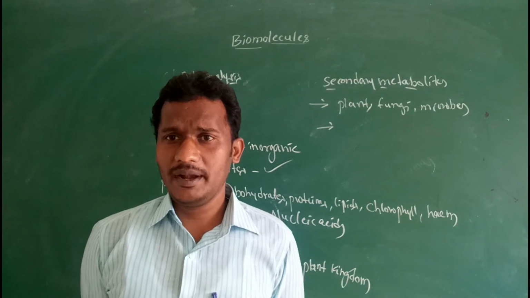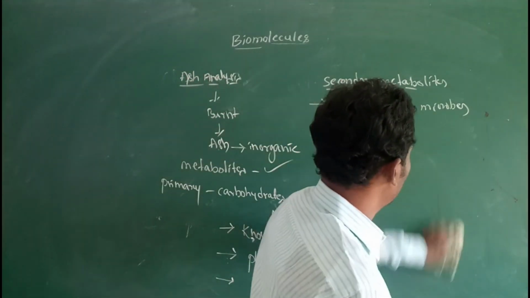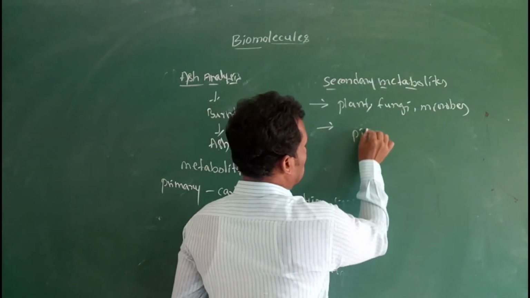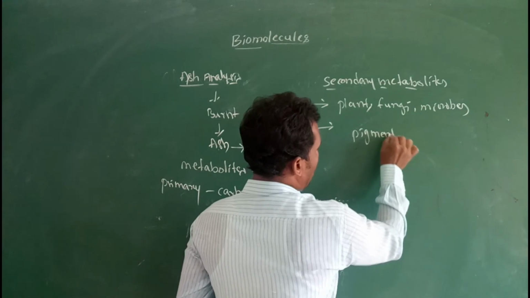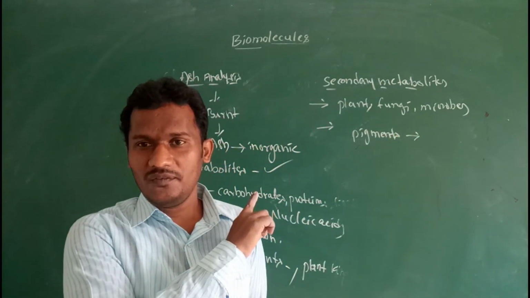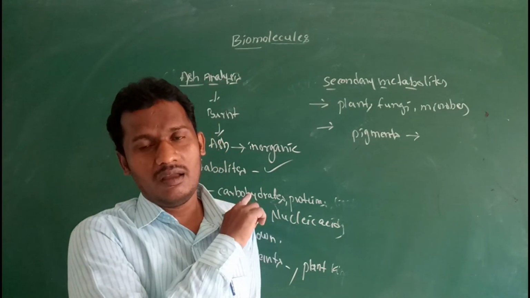Some secondary metabolites are pigments. Generally chlorophylls are pigments, but chlorophylls are necessary to perform photosynthesis, so those are primary metabolites.